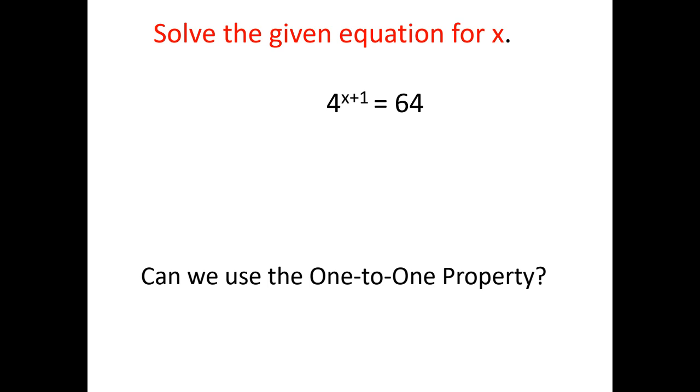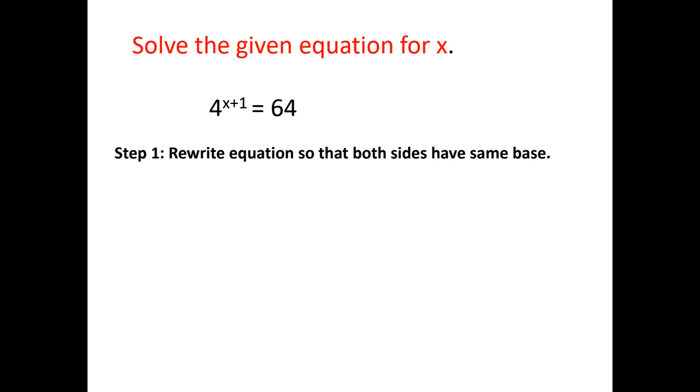What I can do is rewrite this equation so that both sides have the same base. If you don't see it, you can do a factor tree and divide this number by 4, because that's the base that I want, and you're going to find out that 64 is divisible by 4 three times.